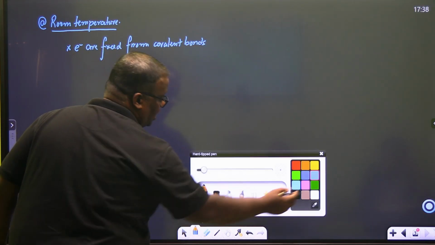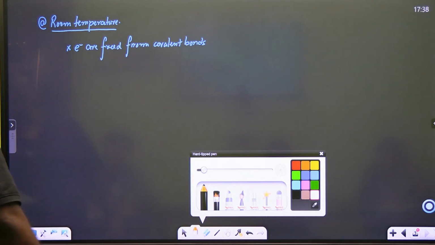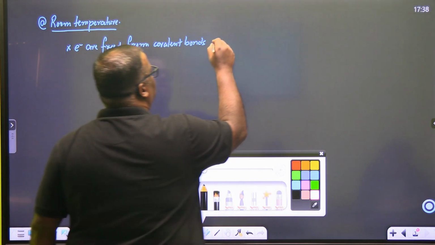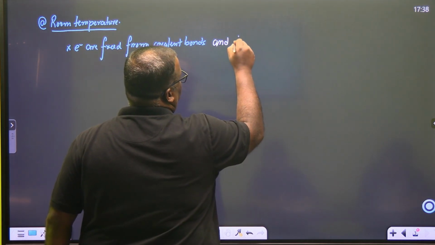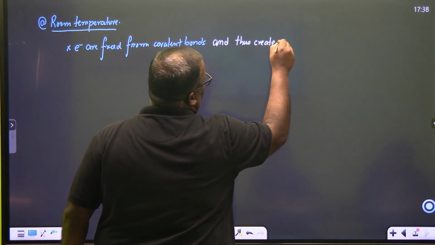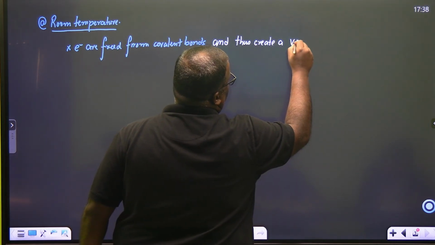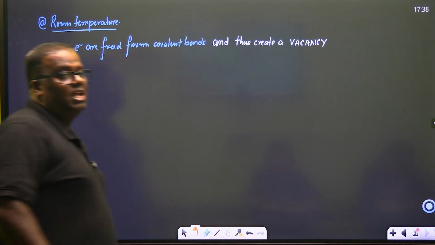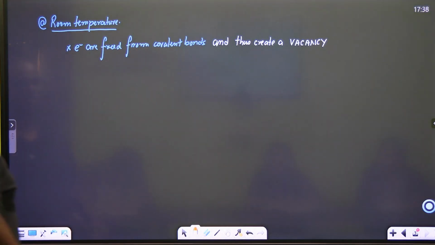Here we will learn two or three new things. Electrons are freed from covalent bonds and thus create a vacancy. Now this is something that you have to understand and accept as a concept.